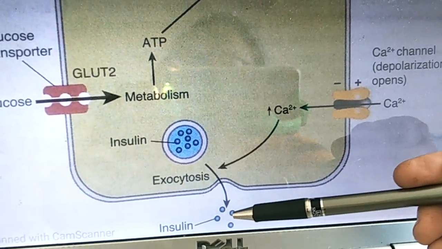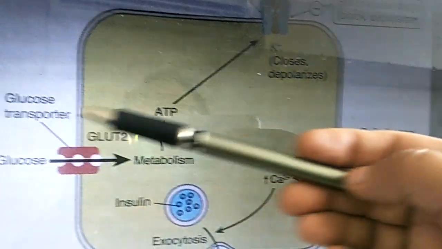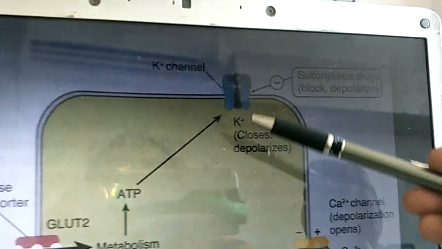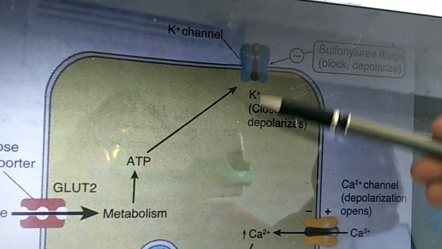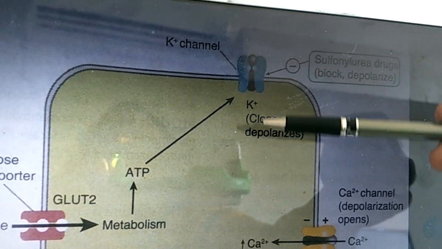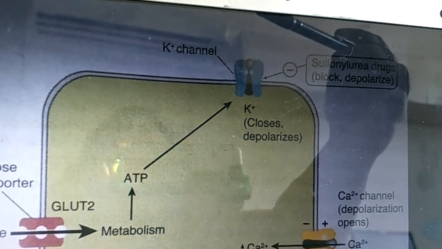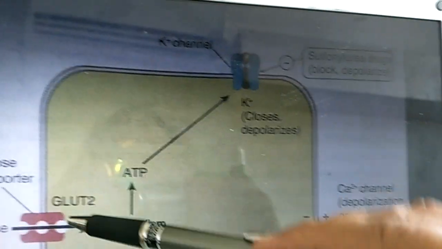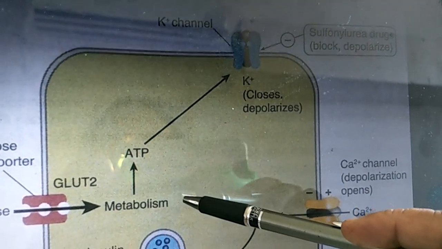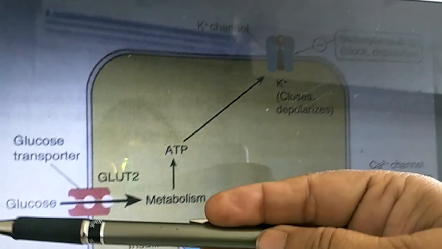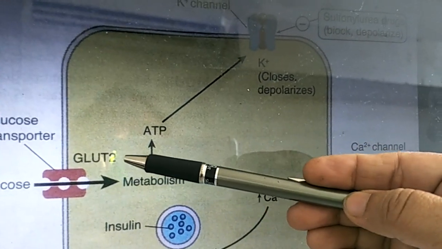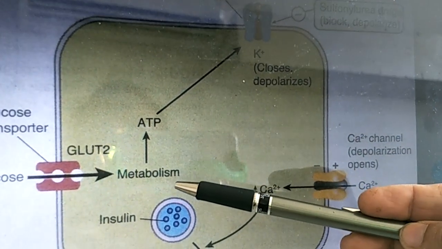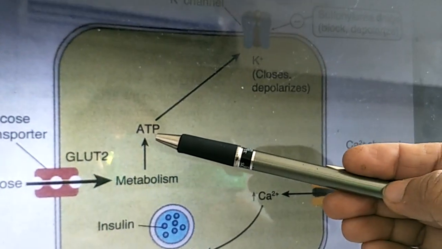Is the scheme clear? Resting membrane, potassium channels remain open, potassium keeps on moving as per its concentration gradient from inside to outside, and the membrane remains polarized. Entry of glucose through glucose transporter 2 and metabolism of glucose generates ATP.